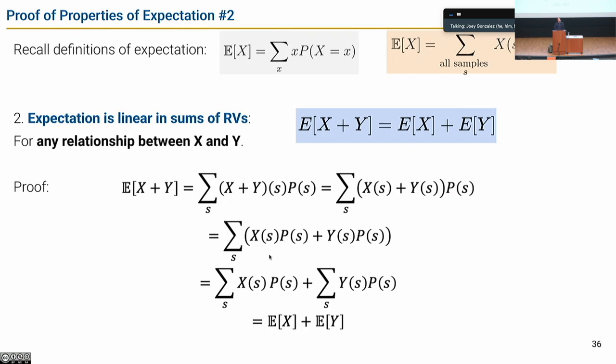I can take this sum, slide it through, so break this into two separate sums: the sum over x(s) p(s) and the sum over y(s) p(s). These are the definitions of the expectations of x and y. Got it? So no assumptions about my random variables. I can show linearity. And of course, the other proof for ax plus b is an even easier version of this proof. So you should try to do that perhaps on your own.